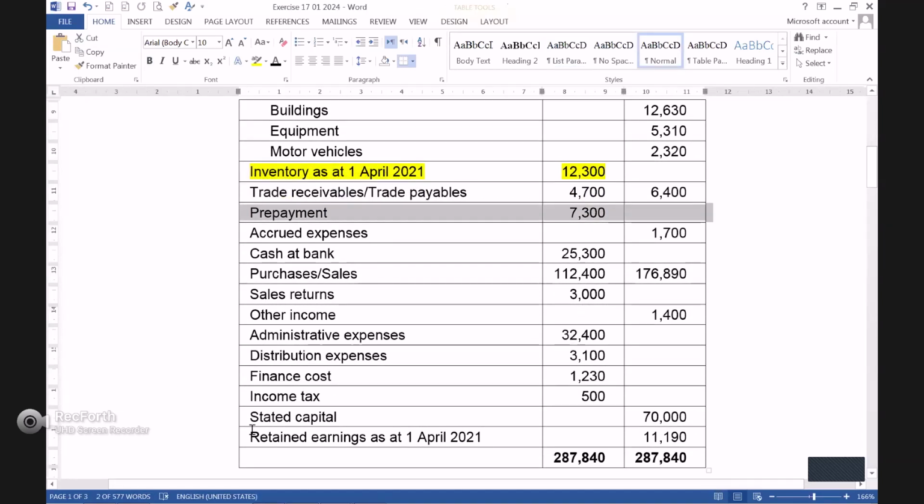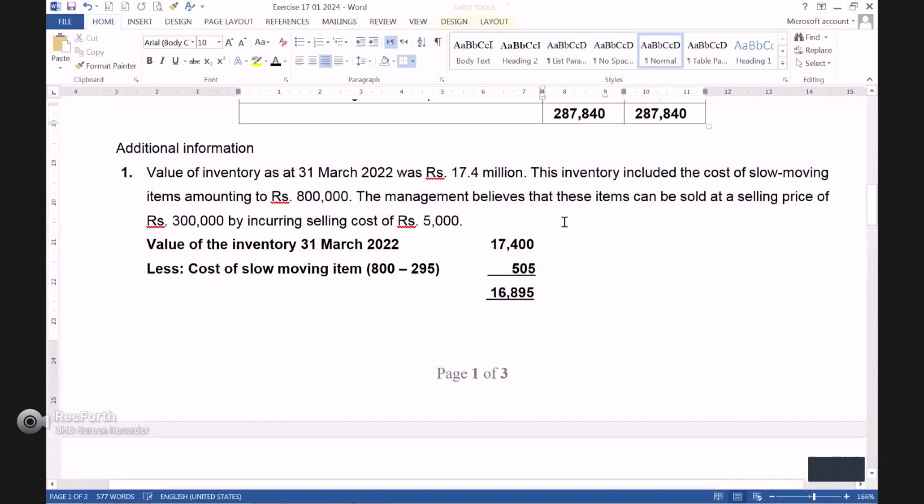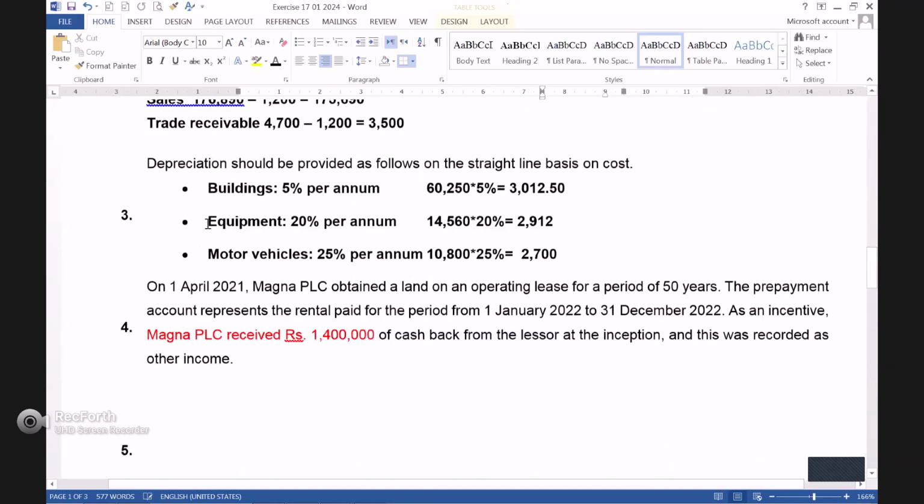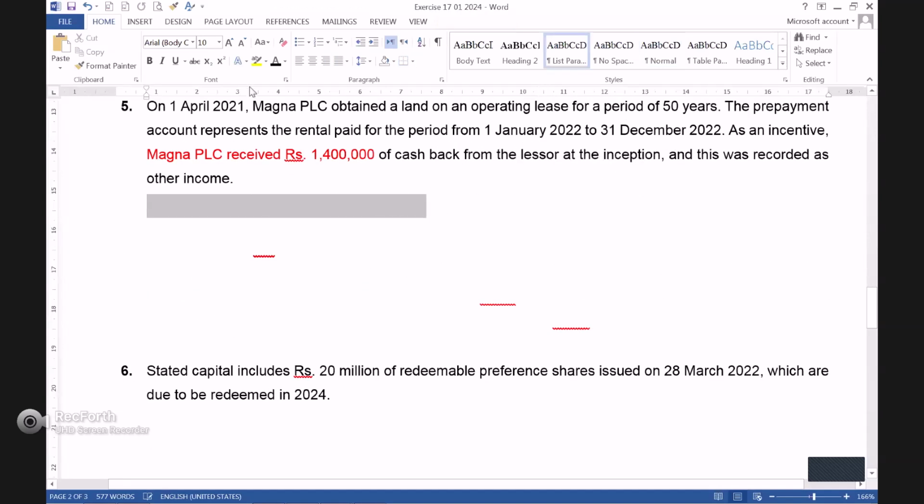The prepayment is 7,300 here. The prepayment account represents the rental paid. So first we have to find out the amount paid, 7,300.